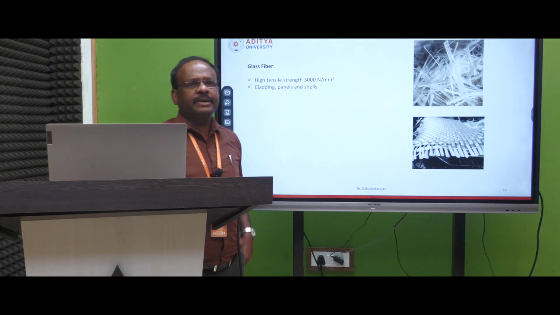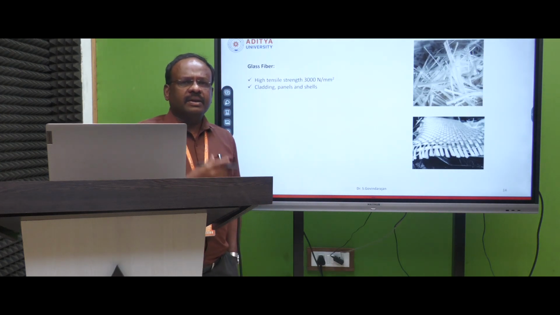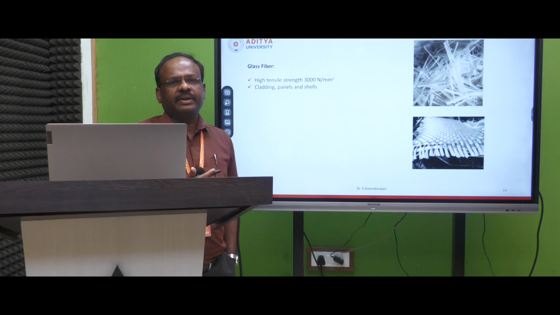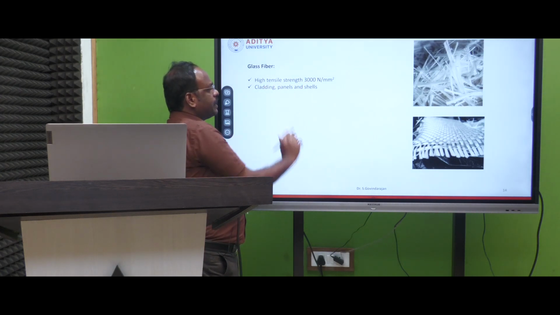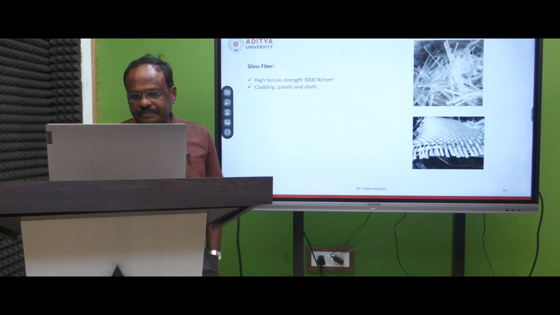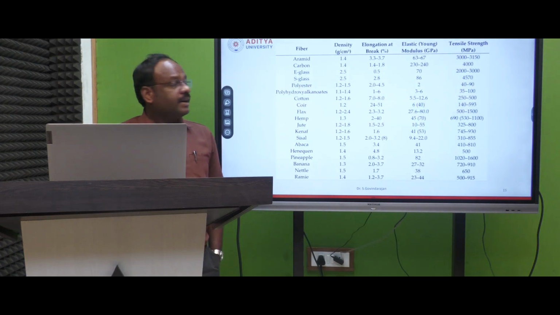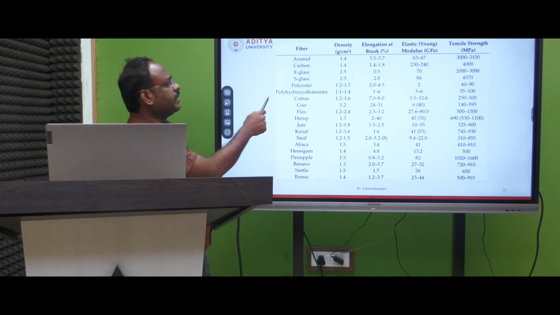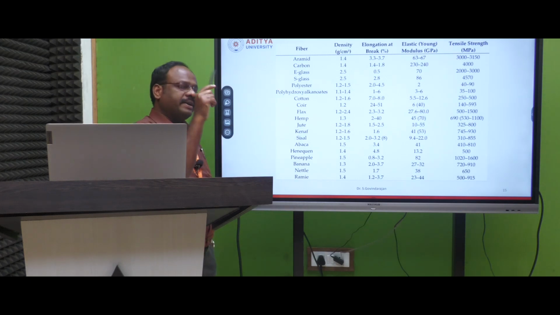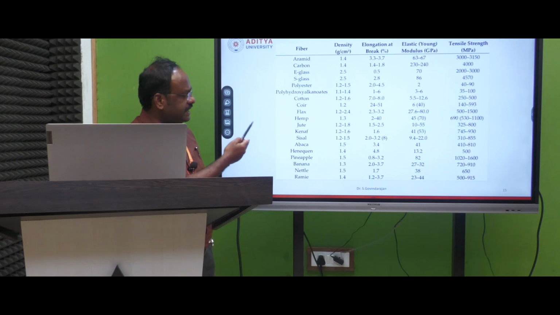And its strength, compared with carbon fiber, is a little lower, with a tensile strength of 3000 Newton per mm square. And in this table you can easily understand the various types of fiber. Here I included all types of fiber: natural fiber, synthetic fiber and artificial fiber.